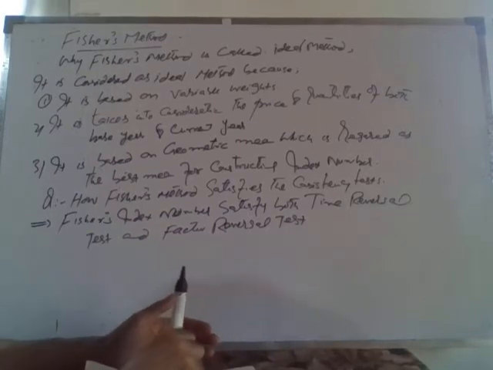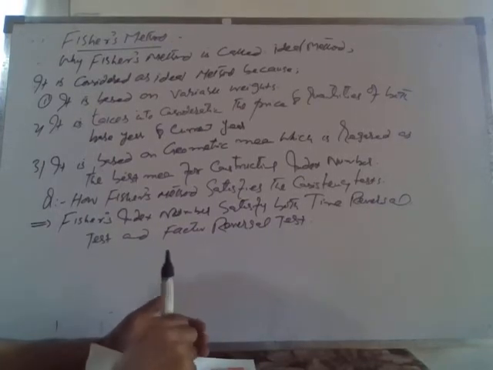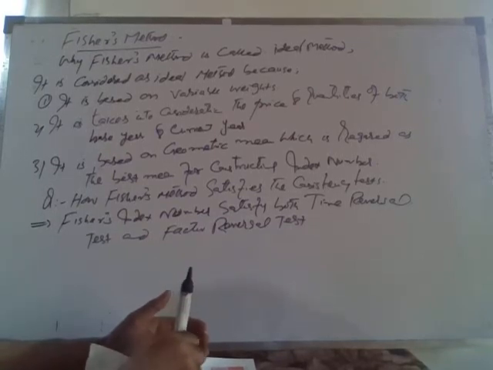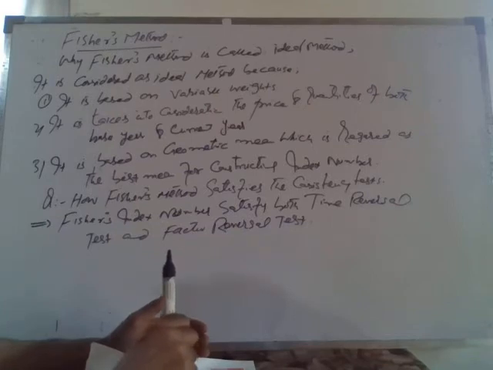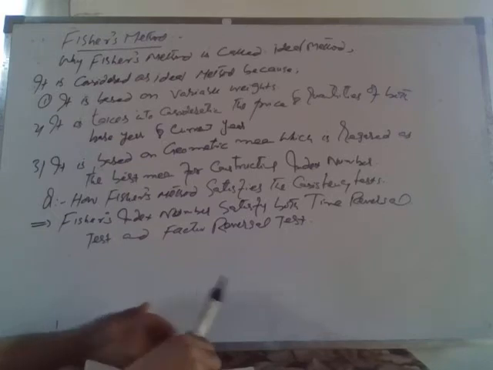So the product of two indices should be equal to unity. Thus an index number should work both ways, forward as well as backward.